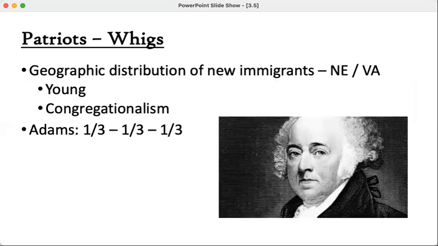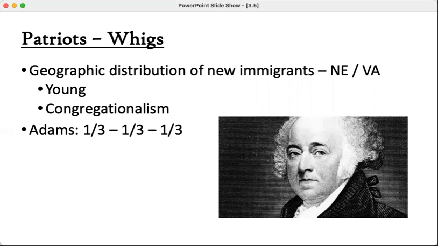Okay, what about the Patriots? They would be much more pro-Whig for thinking British political parties. They tend to be younger, poorer. If the Loyalists tended to be purely English in ethnic descent, the Patriots tended to be more Scottish and Irish, right? They're newer immigrants.